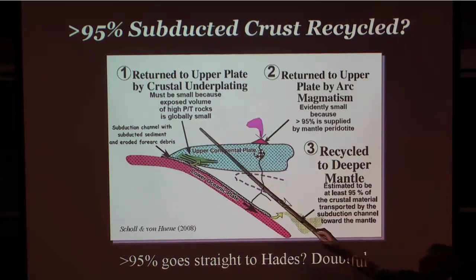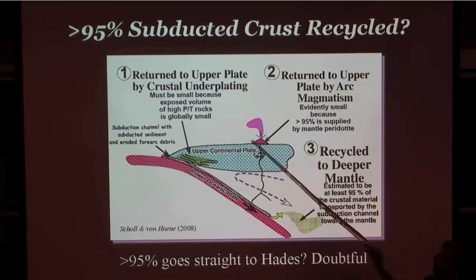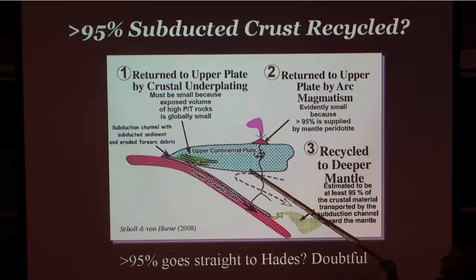And the other thing they said was, boy, there are hardly any high pressure and temperature rocks in accretionary settings like this. So we're going to conclude that almost all this material is going back into the mantle. And I'm going to show you a bunch of reasons to think that this is not an accurate statement.